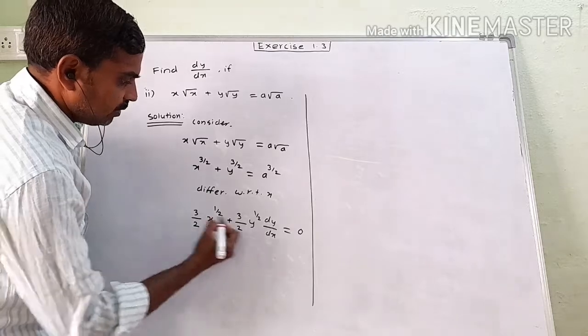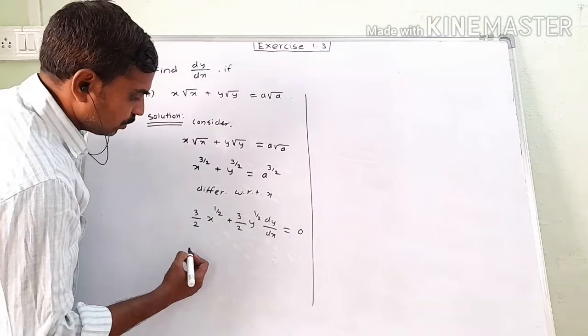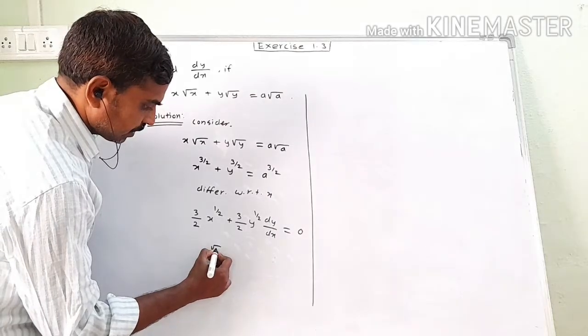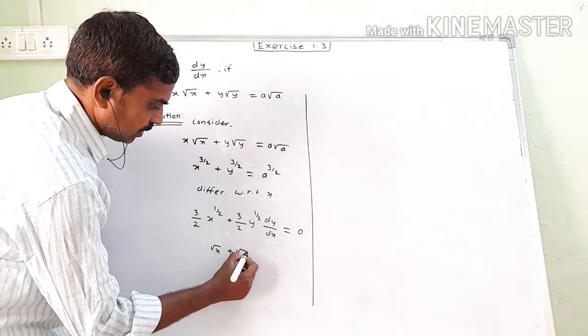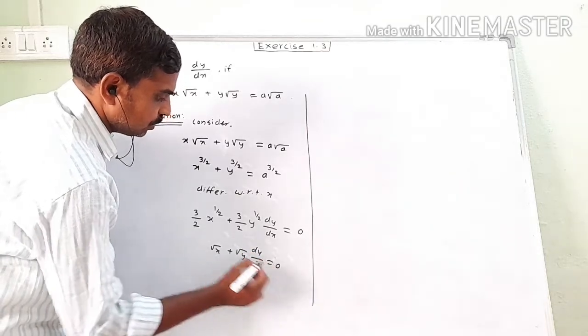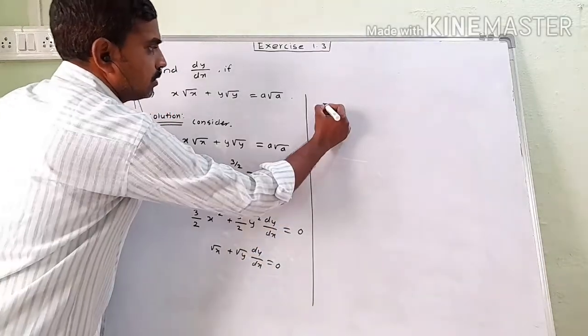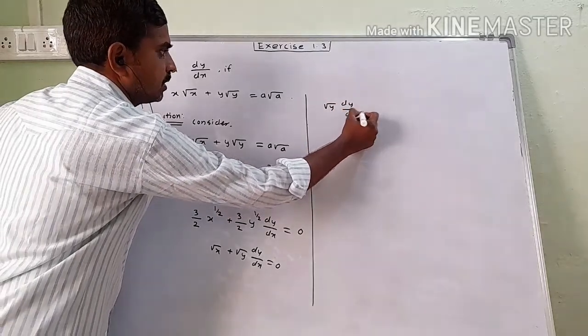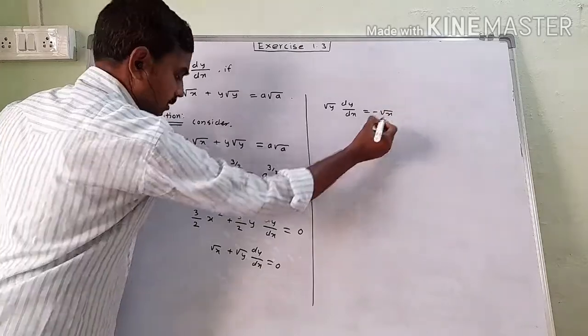Now by dividing this equation throughout by 3 by 2, we can again write this as root x plus root y into dy by dx equal to 0. 3 by 2 will get cancelled. Here we get root y dy by dx equal to minus root x.